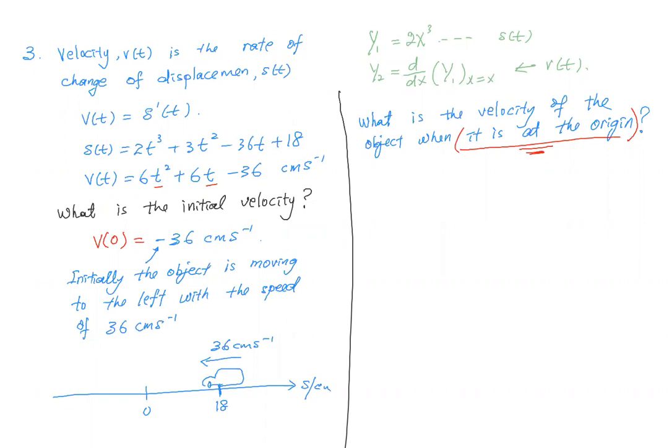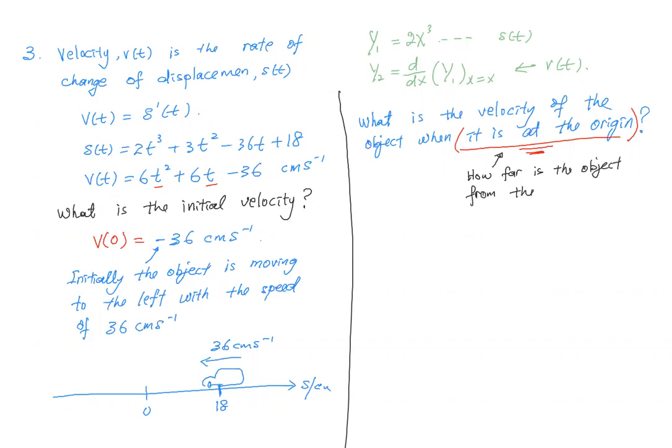When the object is at the origin, how far is it away from the origin? So I will ask questions like that so that I can solve. How far is the object from the origin?